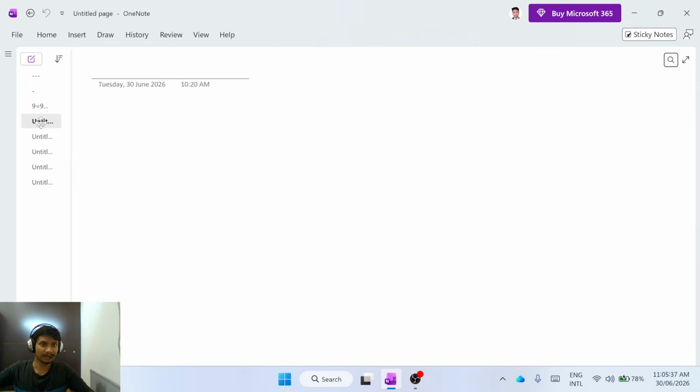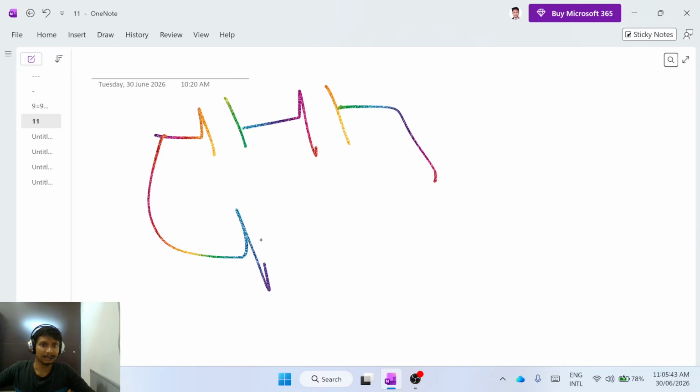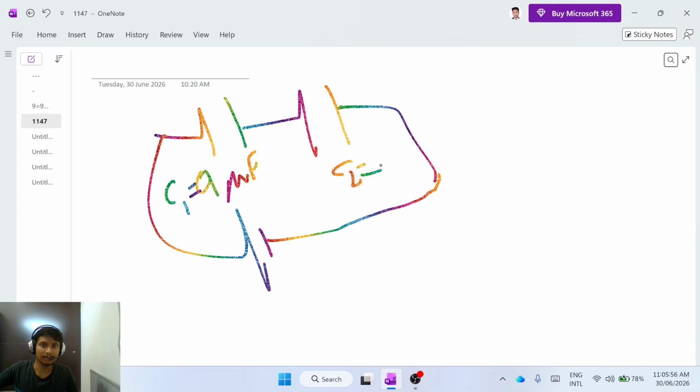Now, there are two capacitors connected in series with a 26 volt DC source. C1 is equal to 9 microfarad. C2 is equal to 4 microfarad.